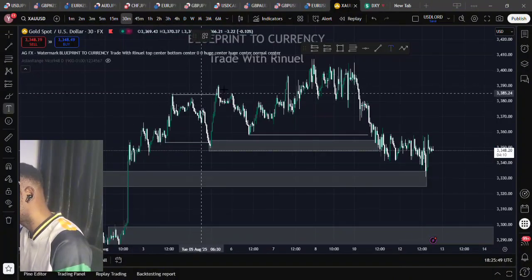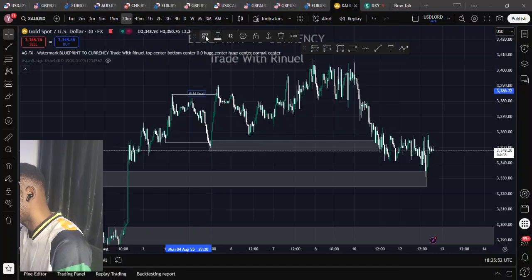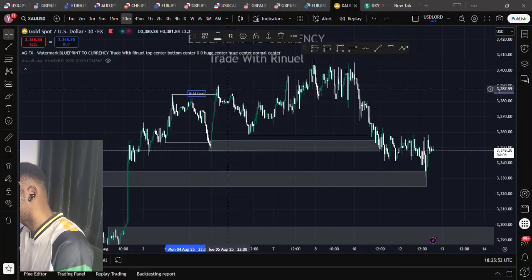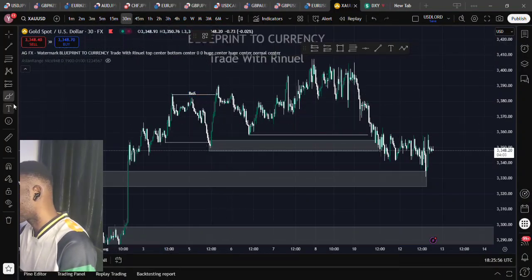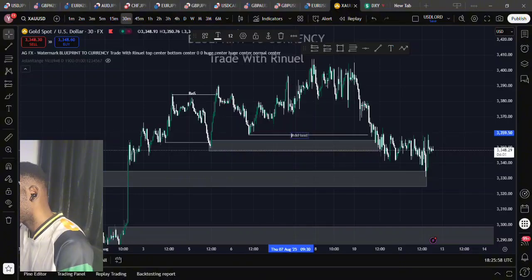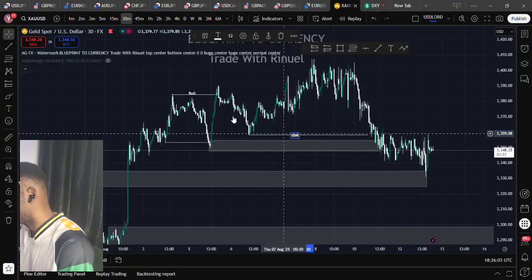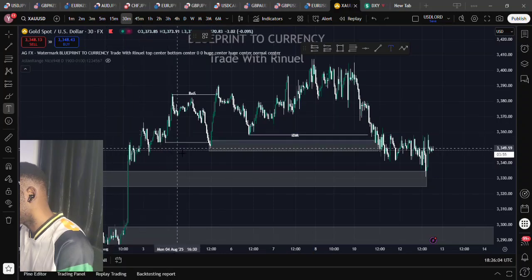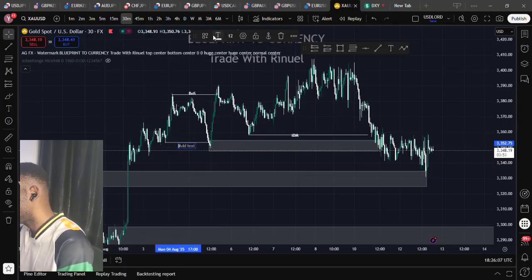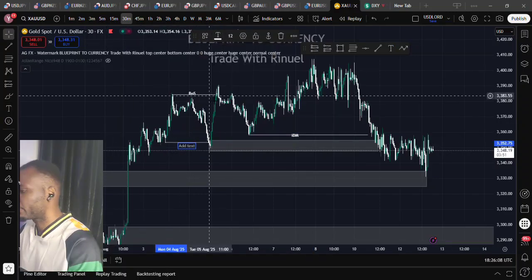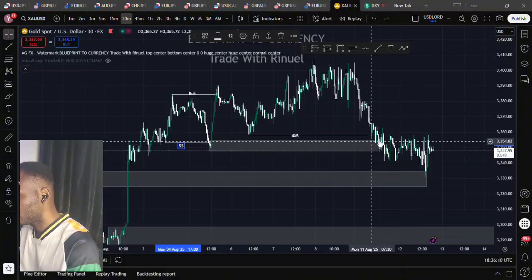Let me label it. Break of structure here. Inducement. That was yesterday. Inducement somewhere here. Then here, a sweet liquidity sweep. So I set my entry on this zone.